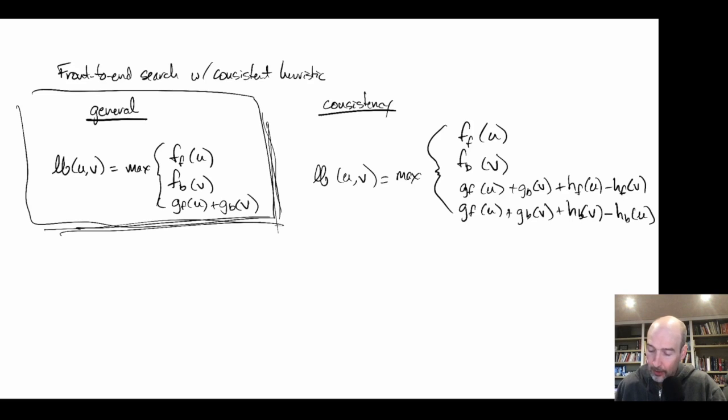The problem here is that with a pair of states, before, what we could do is filter on F, and then look at two states and see if their G costs allowed them to be under the frontier, and then we didn't have to look at the H cost for those states.